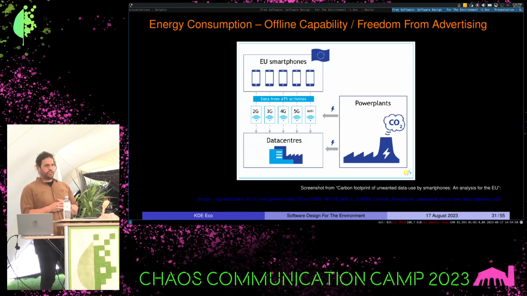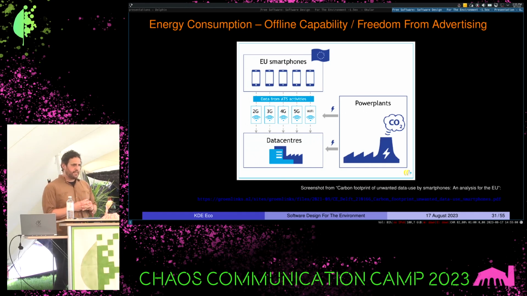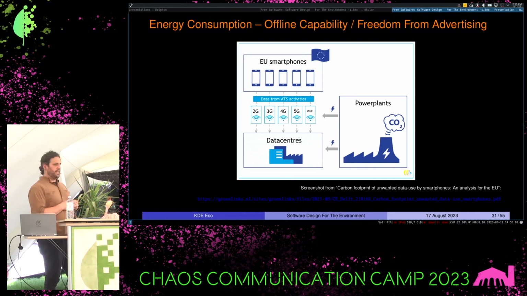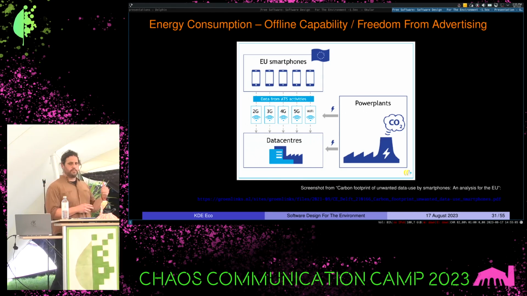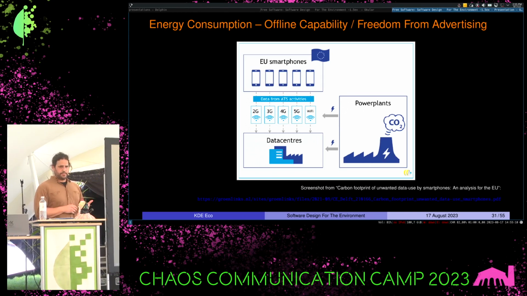This graph here is just showing that there are several components to energy consumption. I've been focusing on desktop software. That's most of what KDE does. But of course, if you're doing anything that's distributed, client-server, or similar type systems, you're also going to be consuming energy in the network and in data centers.